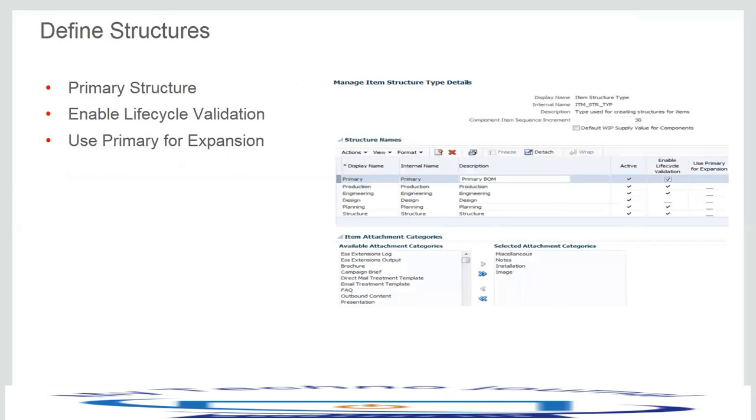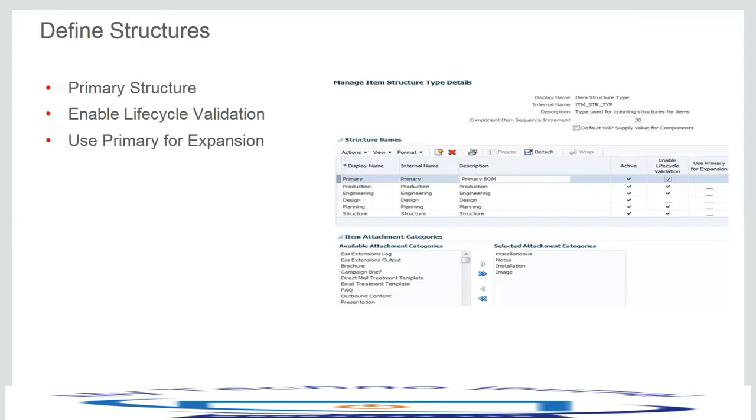This particular screenshot depicts the manage item structure type details page, and it has two sections, that is the structure names and item attachment categories.